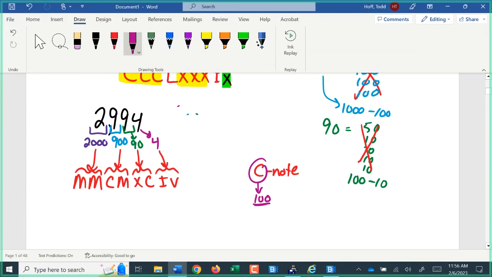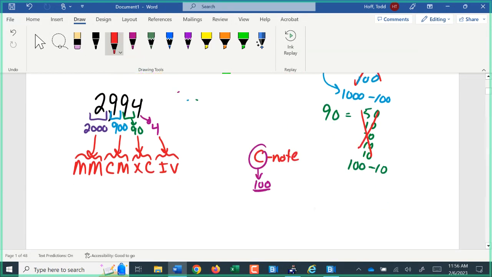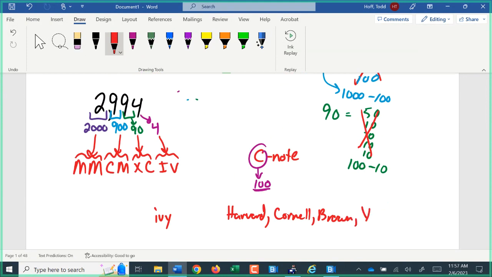The other interesting little bit of trivia that comes from Roman numerals is you hear of the Ivy League. And most people mistakenly think it is Ivy like that, which was Harvard, Cornell, Brown, and Yale colleges.